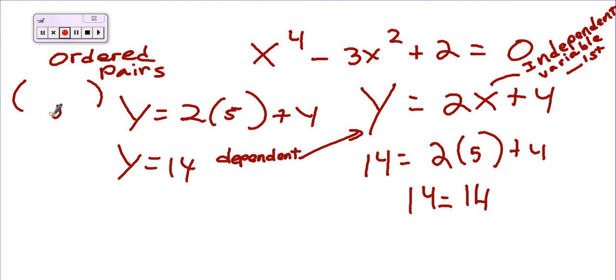Which one was the x? What do we say x was? 5. That's always the first number in the pair. Which one do we say y was? 14. Because that's what the answer turned out to be. So you can arrange the solutions to all these equations into ordered pairs, always writing the x first, and the y always comes second. Cool with that part?